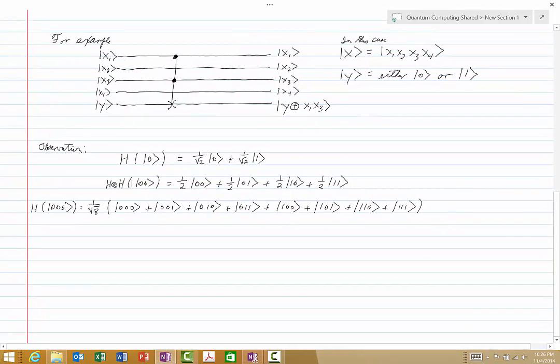And similarly down here, we'll have H, H, and H. So we're going to apply the Walsh-Hadamard transformation in this case to each of the 3 qubits. And in the general case, we could write it as H to the n, and then 0, 0, dot, dot, dot, 0, where it's understood that there are n zeros.